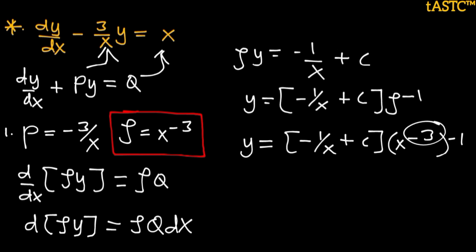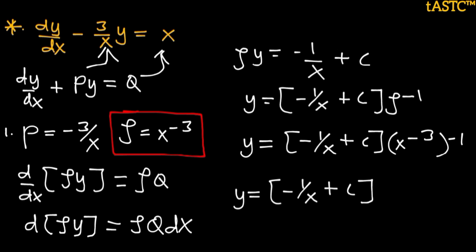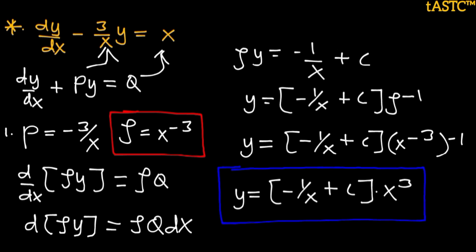Now negative 3 multiplied by negative 1 is going to give us a positive 3. So y is equal to negative 1 over x plus c, and that will be equal to x raised to the power of 3. So this is the solution to this first order linear equation. This is going to be the answer.